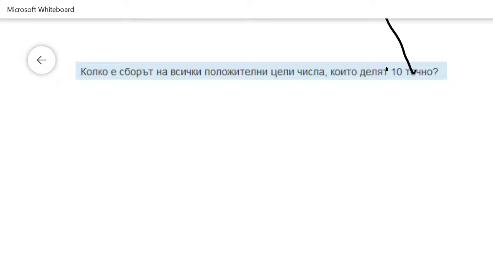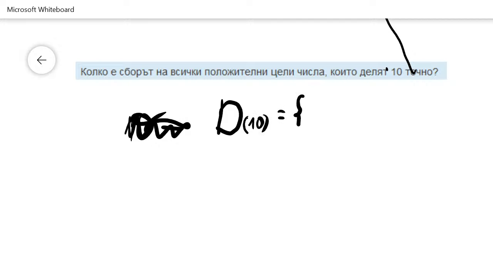What do we have if we add up every divisor of 10? So we have to look at every divisor of 10. We can type it like this, d from divisors of 10 is equal, in those big brackets, we can type every divisor. So 1 is the first one, 2 is the second, 5 and 10.